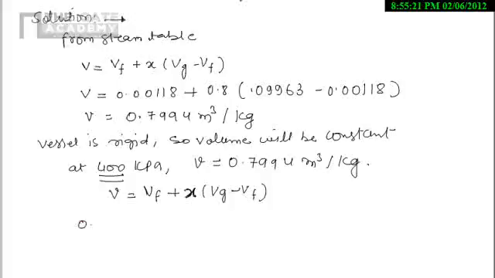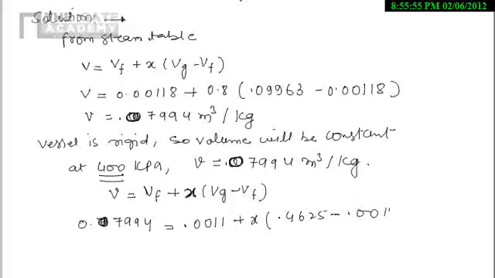So 0.07994 equals Vf at 400 kilopascal, 0.0011, plus X into Vg at 400 kilopascal, 0.4625, minus 0.0011.